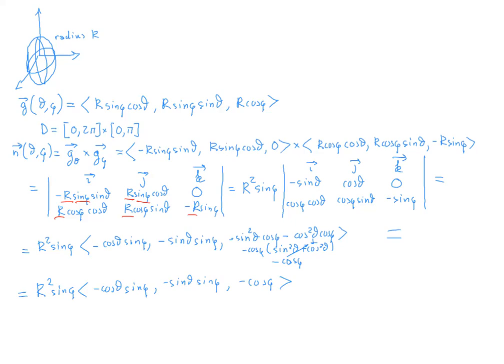So what do we have here? We have a number, it's in particular a positive number. How do we know it's positive? Well, phi here is between 0 and pi, and sine phi in that range is positive. So all you need to do in order to compute the magnitude of this is just compute the magnitude of this vector and multiply it by r squared sine phi.